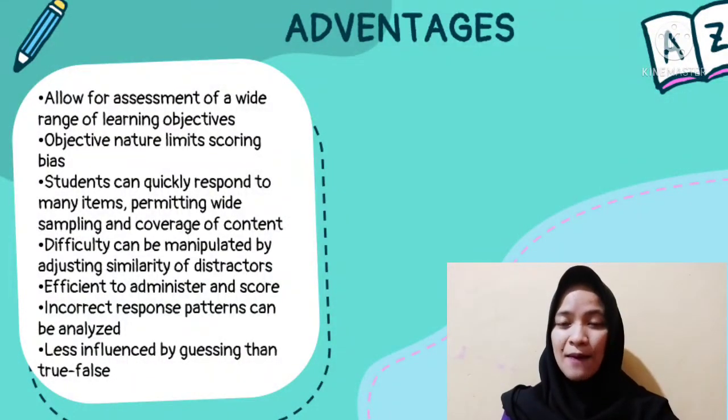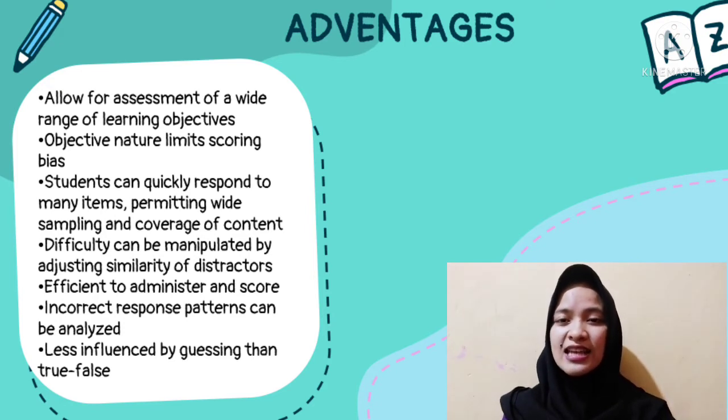Alright, there are some advantages and disadvantages of multiple choice test items. For the advantages, the first one is that it allows for assessment of a wide range of learning objectives. The second is that objective nature limits scoring bias. The third is that students can quickly respond to many items, permitting wide sampling and coverage of content.